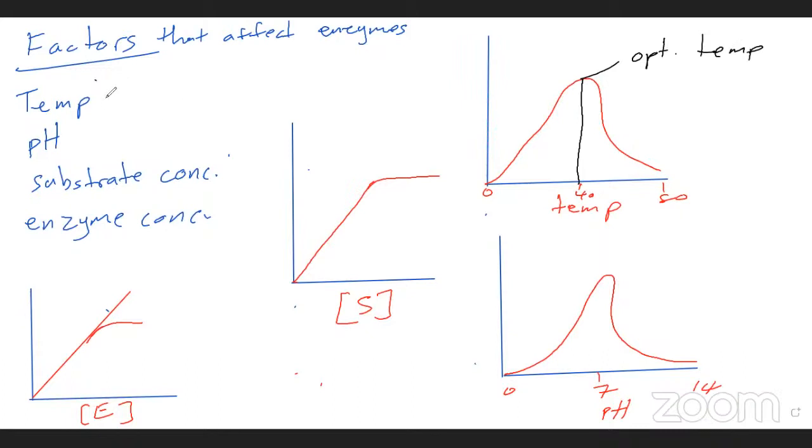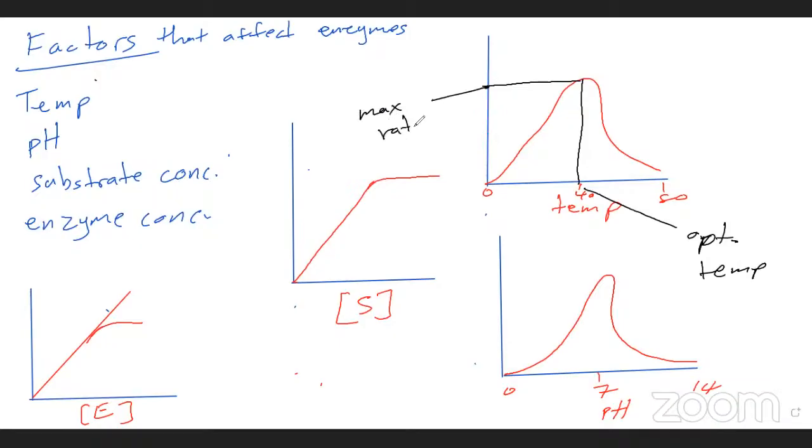If you want the maximum rate, you would go to the y-axis. So the 40, that is the optimum temperature, and over here you would get the maximum rate.